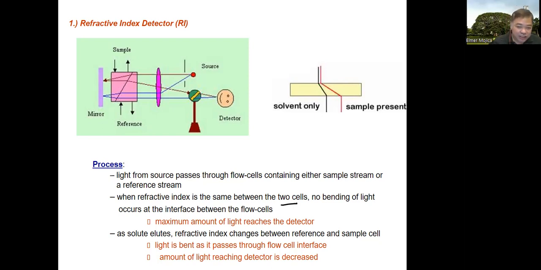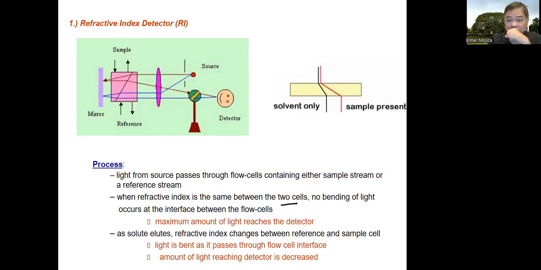But as the solute elutes, you're going to see a change in the refractive index between the reference and the sample cell. Because what happened, there's a bending of light. Light is bent as it passes through the flow cell interface. And the amount of light reaching the detector is decreased.